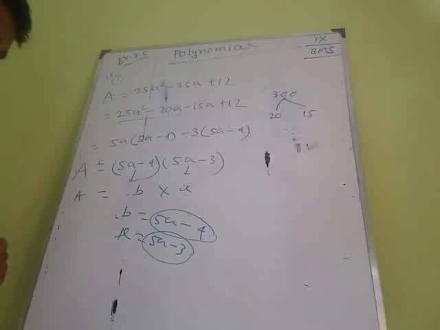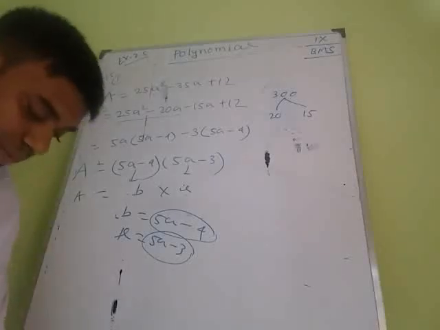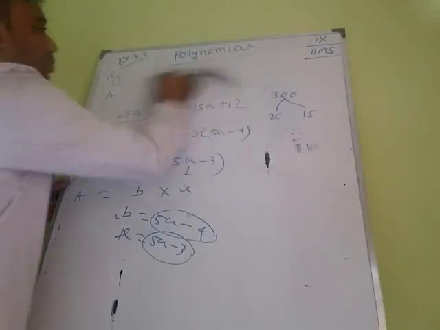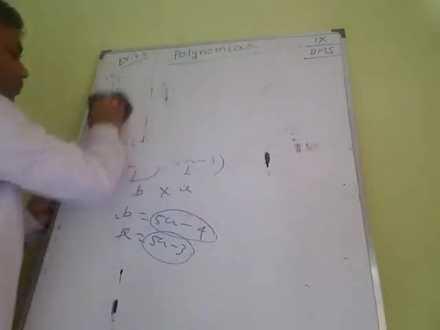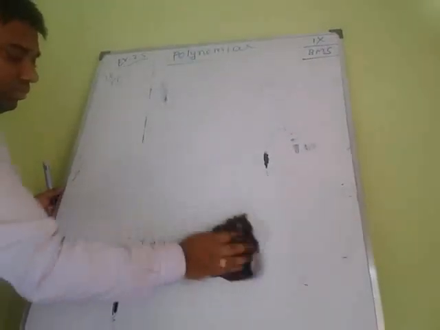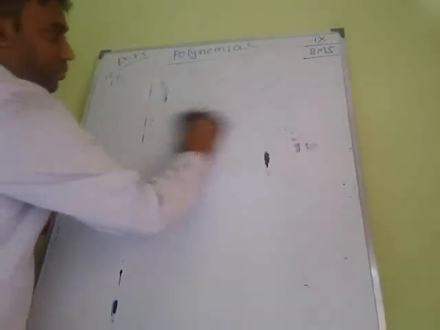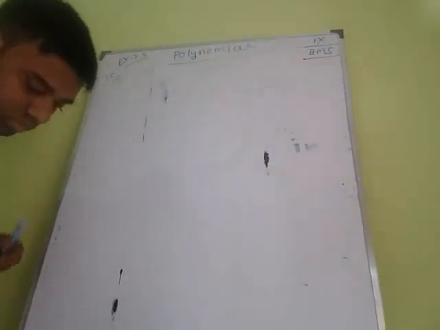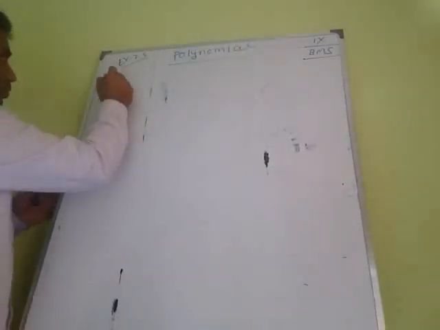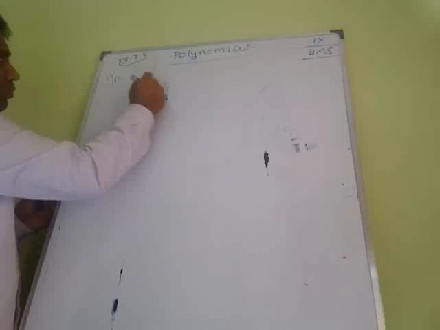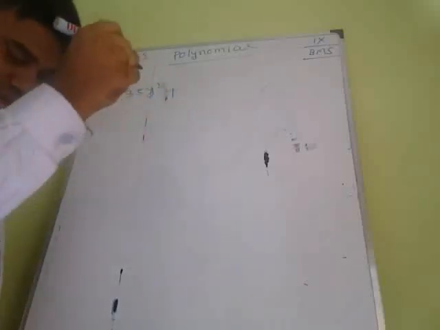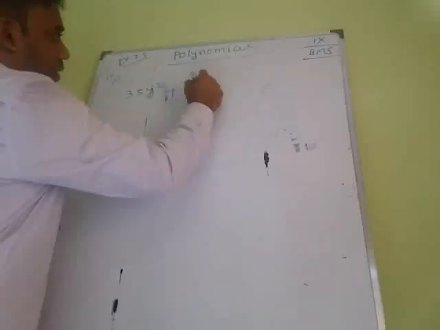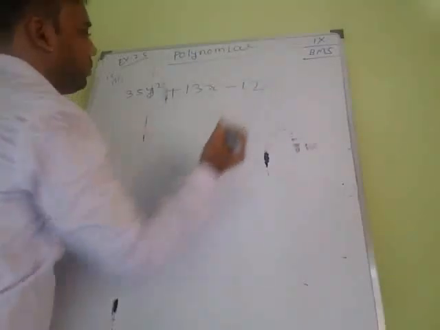Now part 2 of question 15. 35y square plus 13y minus 12 equal to 0.